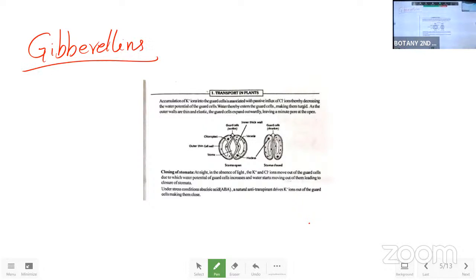Gibberellins are growth promoting hormones, which are also considered phytohormones.